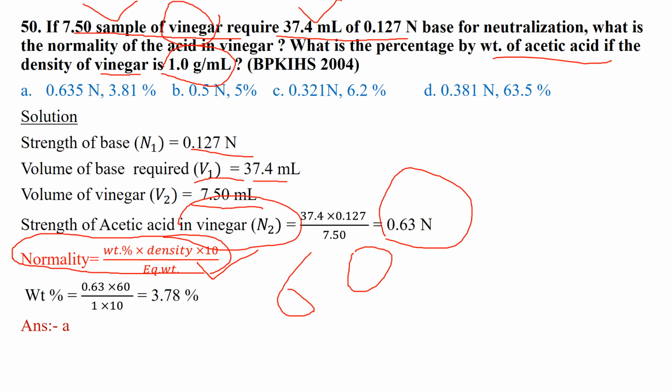Only one replaceable hydrogen is present in acetic acid, so basicity is 1. Molecular weight of acetic acid is 60, so the equivalent weight is 60. Then we calculate the percentage by using this equation, right? 3.78% is obtained. 0.63 normality and 3.78%. So answer might be A.